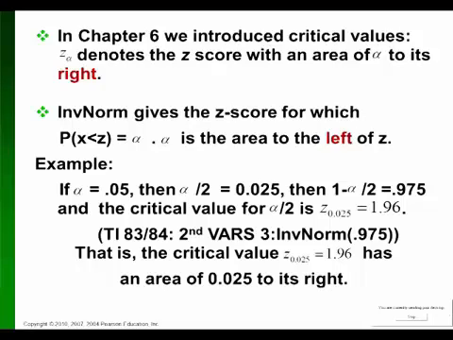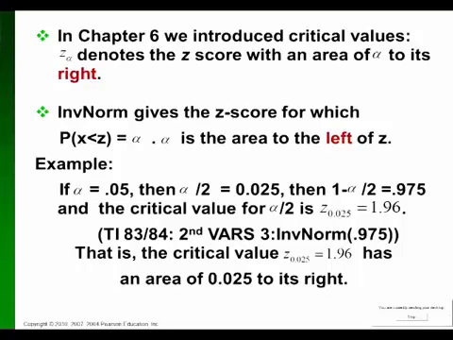Let's talk about this without understanding why, and then understand it on the next slide. Here's what's going to happen. I'm going to give you some confidence level. Alpha is 0.05. For reasons that you don't understand yet, you're going to take a half of that. A half of 0.05 is 0.025.